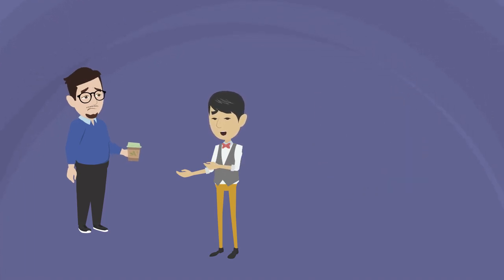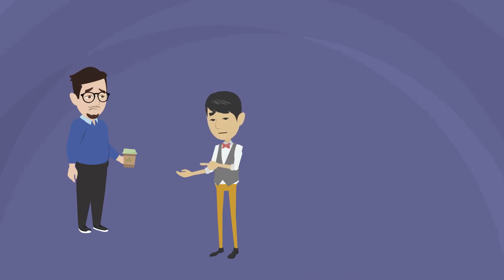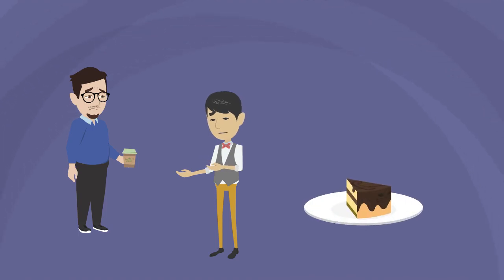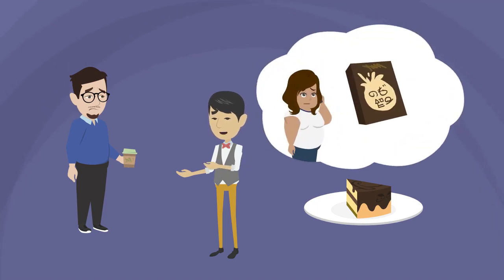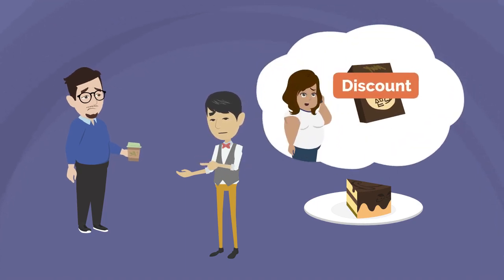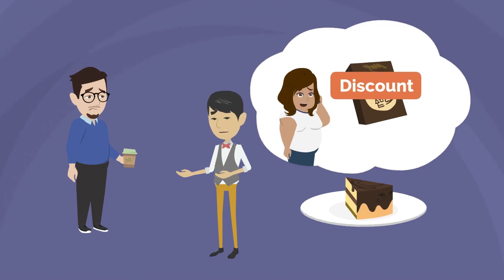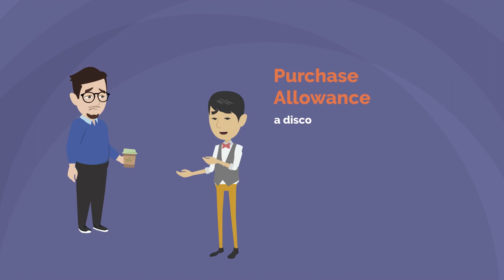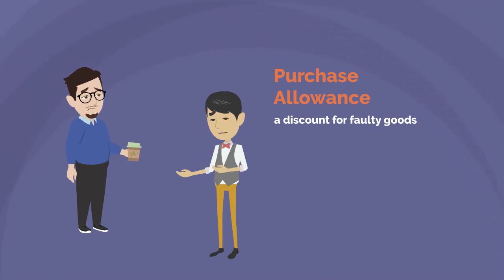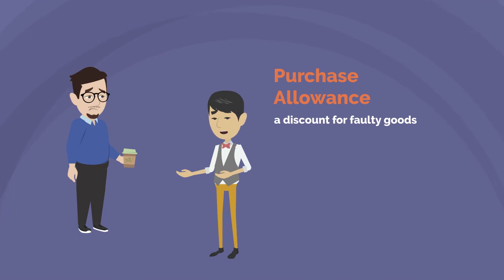If Tom can find a use for the defective beans, for example to make tiramisu, the alternative is for Tom to ask the supplier to grant a purchase allowance as compensation. That way, the beans will not have to be returned. A purchase allowance is a discount for faulty goods, and it requires journaling the portion of the cost that is discounted to the purchase allowance.